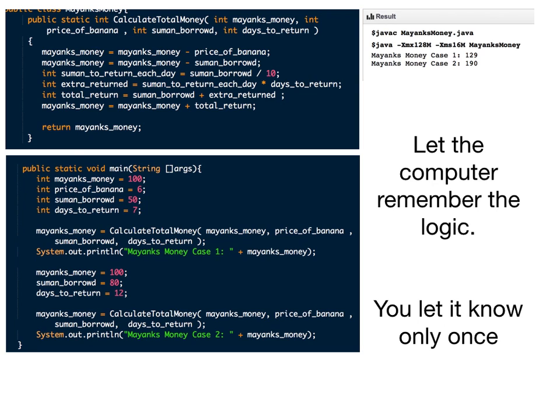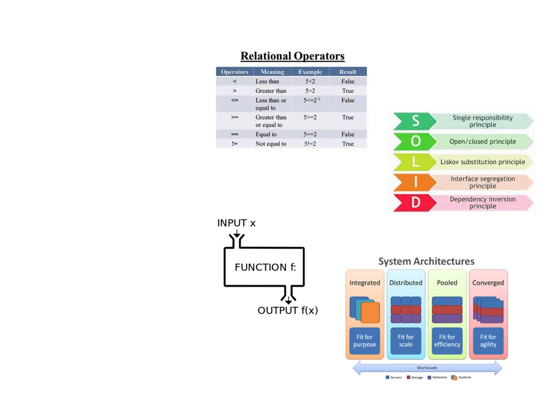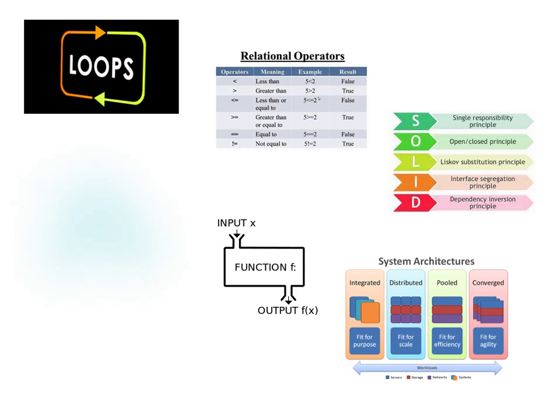We build from smaller things, and as we keep adding layers and layers and layers, we start building complex solutions. Going ahead, as we create more solutions which are further complex, we have relational operators, we have loops, we have modules, and of course, we just talked about functions.